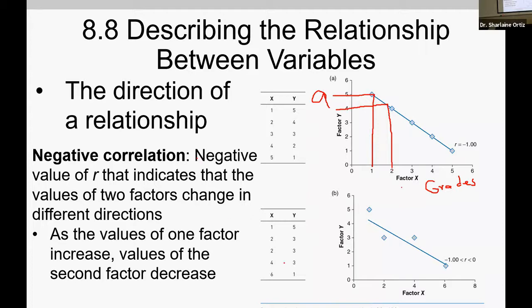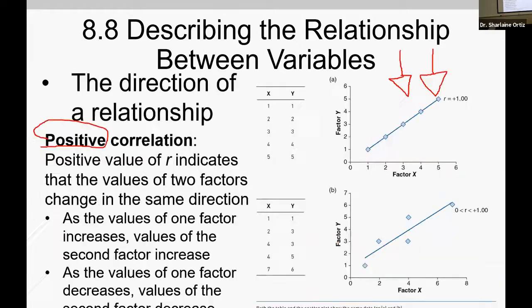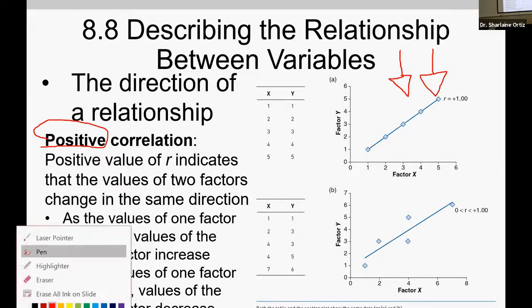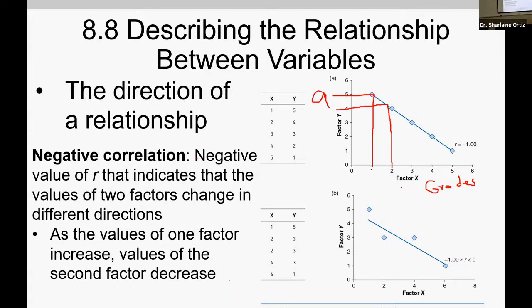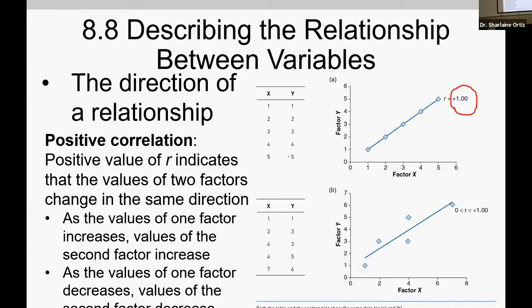Now, something interesting that I would like to mention, if we go back to our previous slide and this slide, because they both illustrate the same thing. I talked about a perfect relationship, right? So we want to be really, really close to that, either positive one or negative one. We want our value to be very close to -1 or +1.